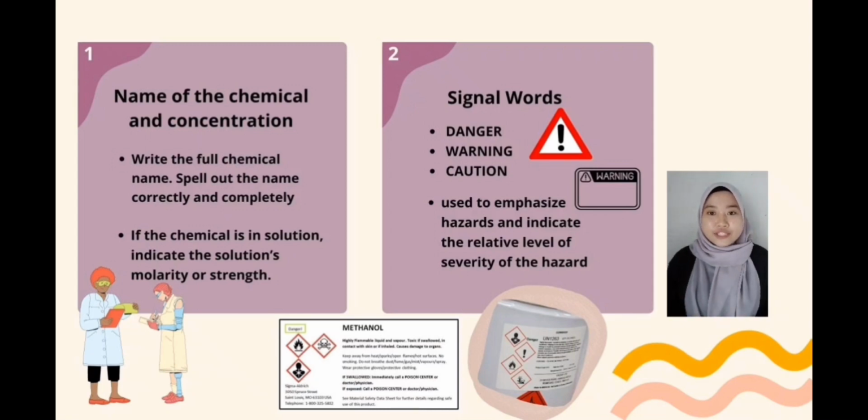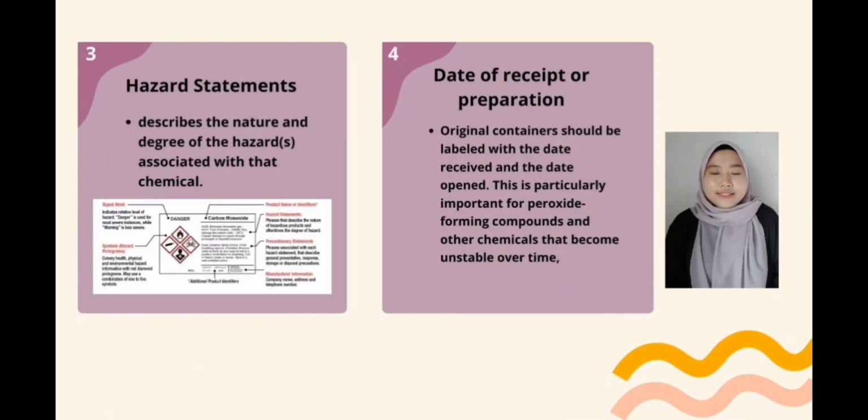Third, hazard statement. A hazard statement is a standardized GHS phrase assigned to a chemical that describes the nature and degree of the hazard associated with that chemical. Every applicable hazard statement from the safety data sheet, also known as SDS, must be included on the container label.